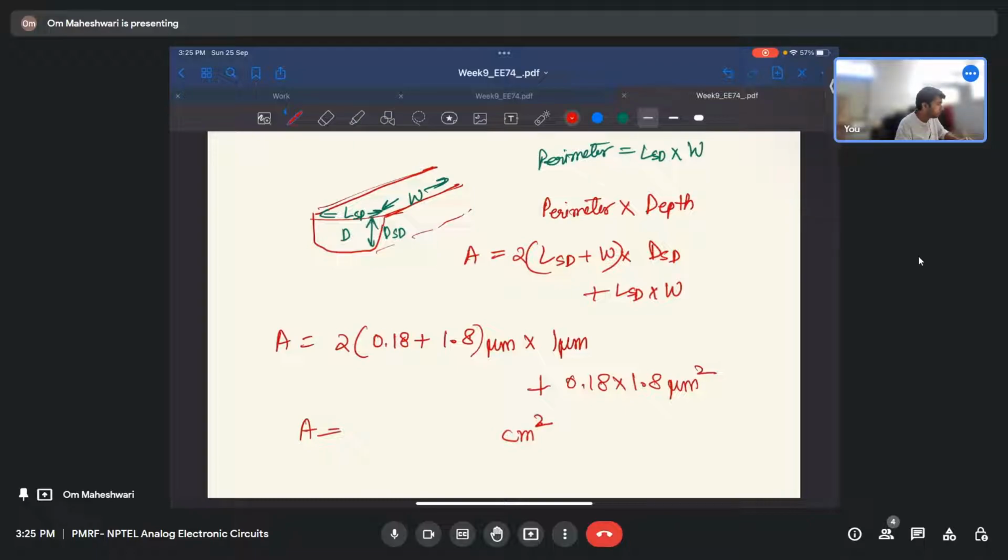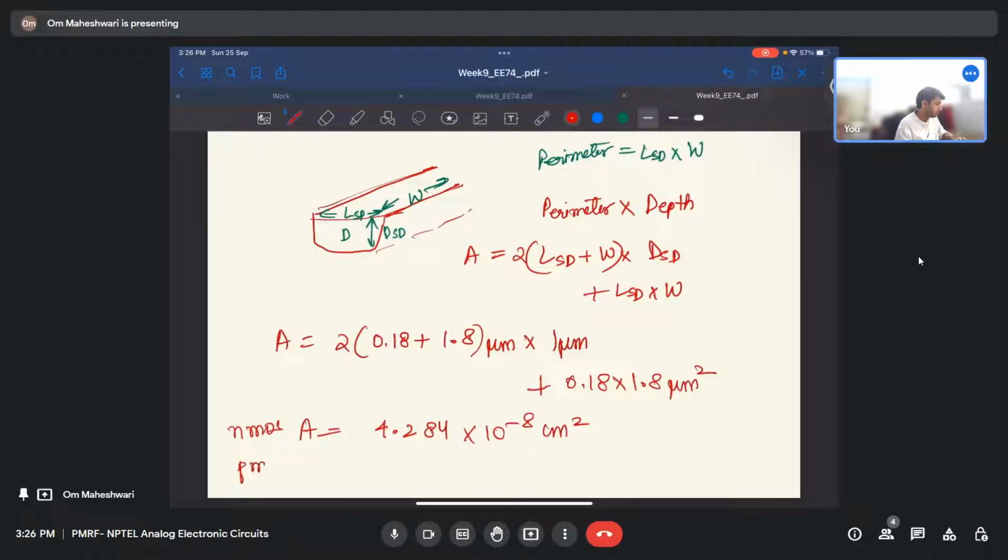It comes out to be 4.284 into 10 to the minus 8 centimeter square, for NMOS.